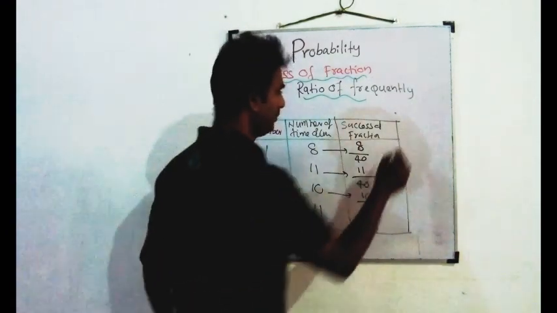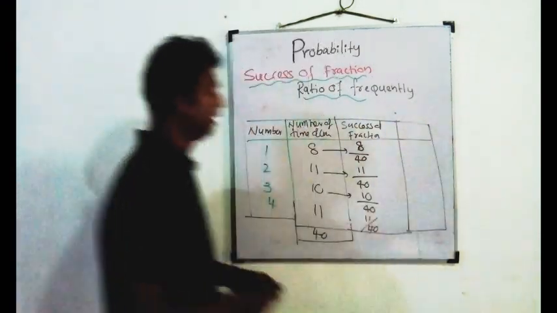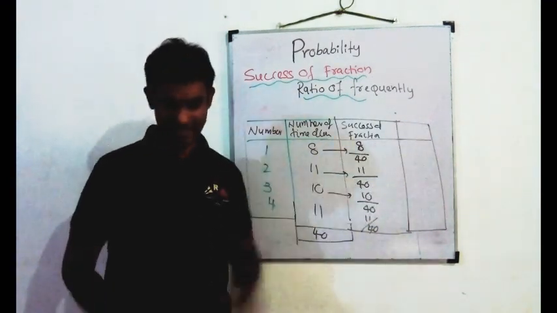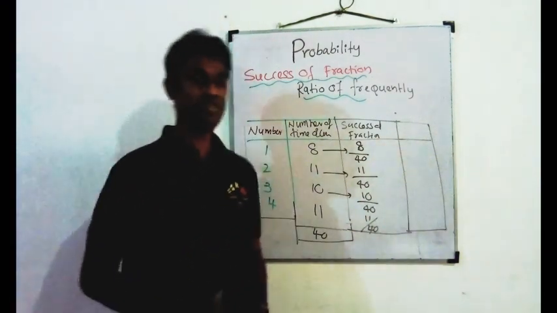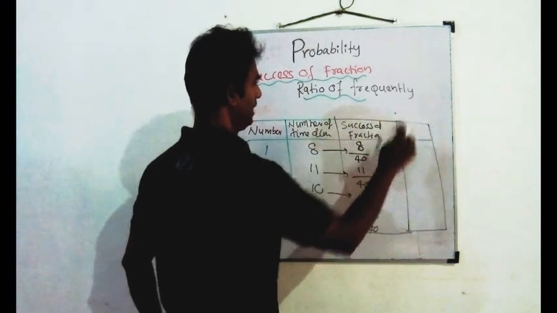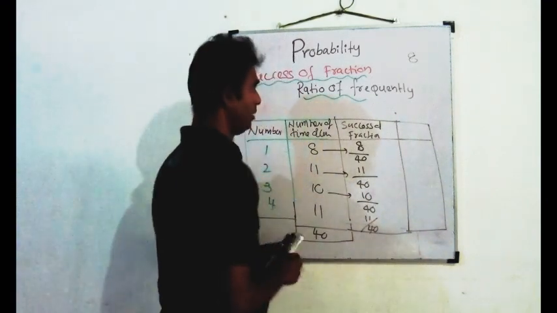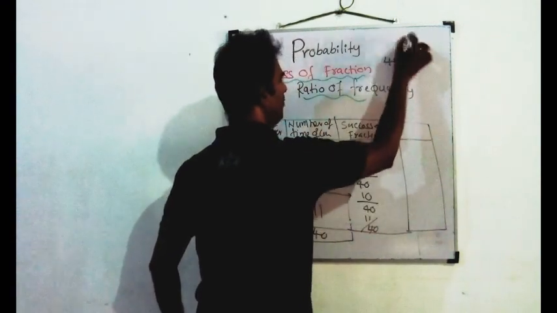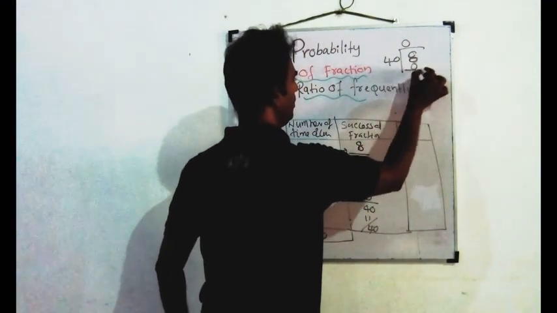As well as that, it can be presented as a decimal value. After that we can give it as a decimal value. You know that now, right? 8 upon 40, now we want to find the decimal value. 8 divided by 40: 40 goes 0 times, the balance is 8.